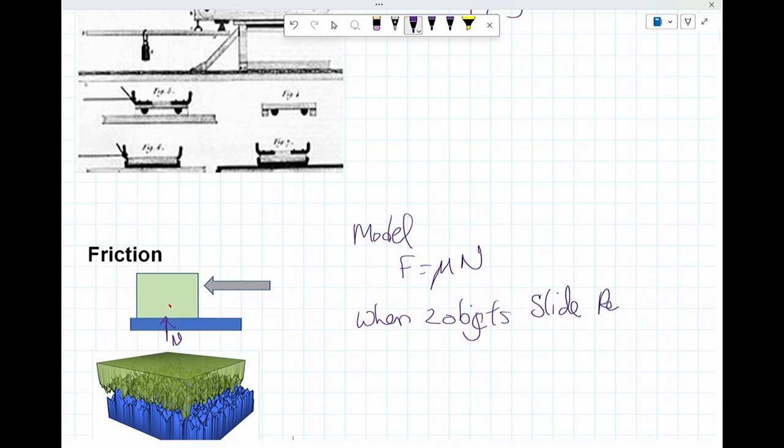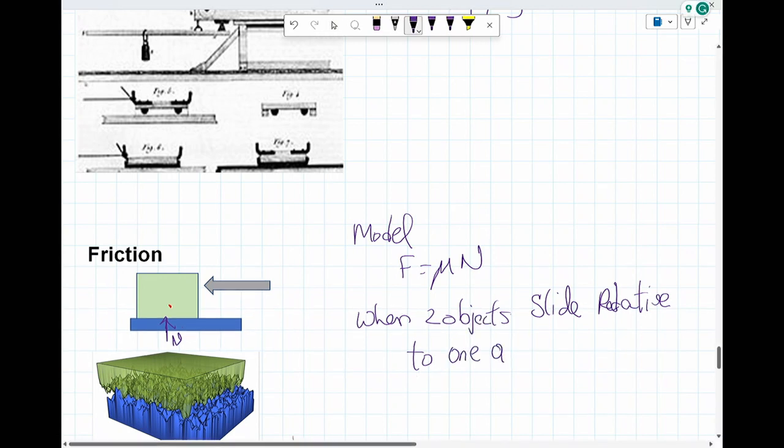When two objects slide against each other, so if they're moving, then you have mu sub k. And mu sub k is the coefficient of kinetic friction.